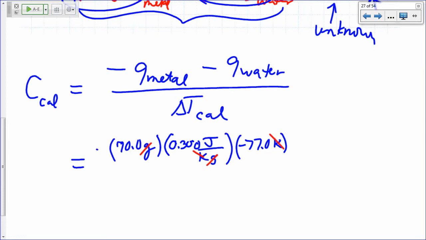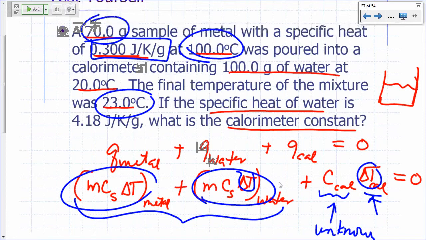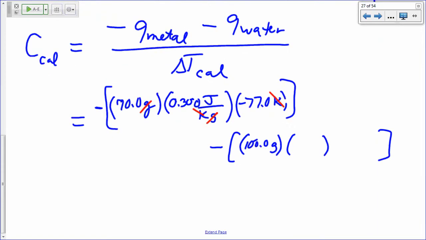And don't forget, we need to put a negative here. So that's negative of Q metal. And then minus Q of the water. What's Q of the water? Mass of the water is how much? 100 grams. Specific heat of the water, you should know, is 4.18 joules per Kelvin per gram.